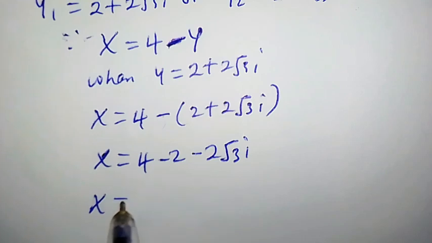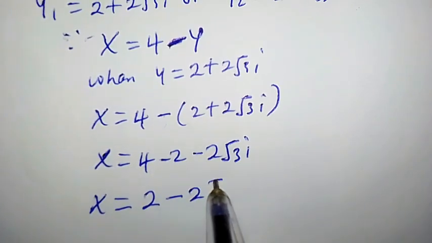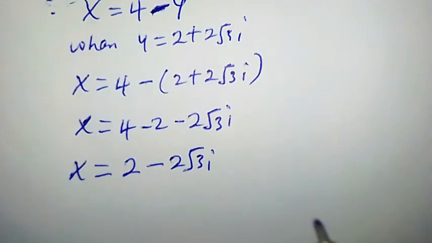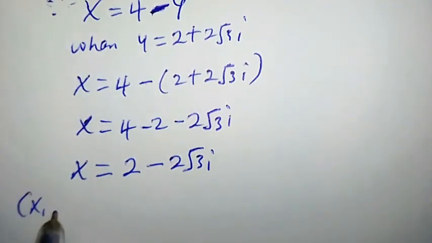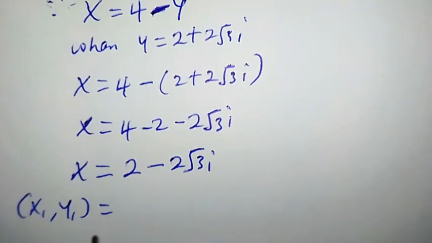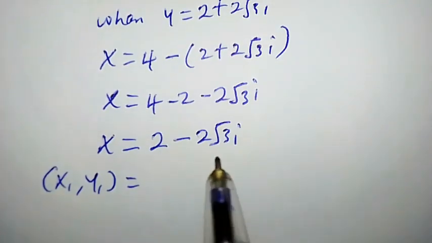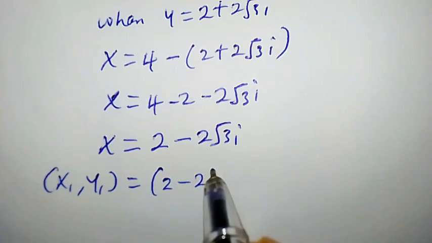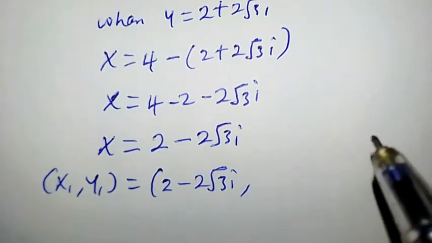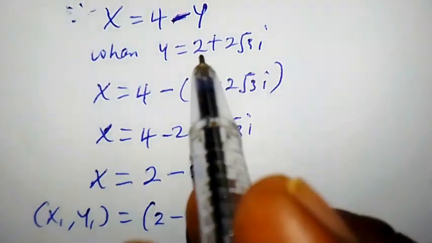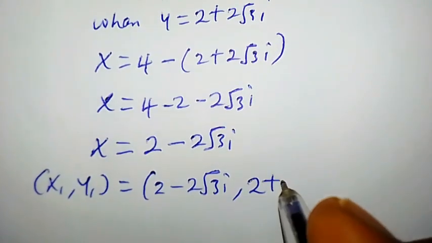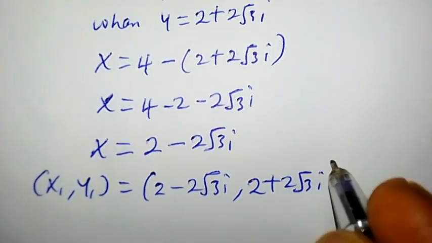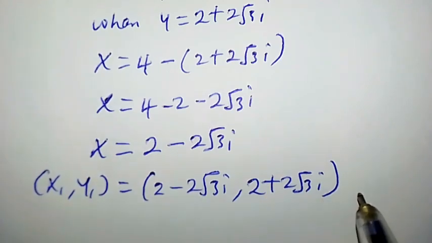Clearly, x equals 4 minus 2, that is 2, minus 2 root 3i. This means that our first solution, x1 comma y1, is x1 equals 2 minus 2 root 3i, comma y1 equals 2 plus 2 root 3i. This is the first solution.